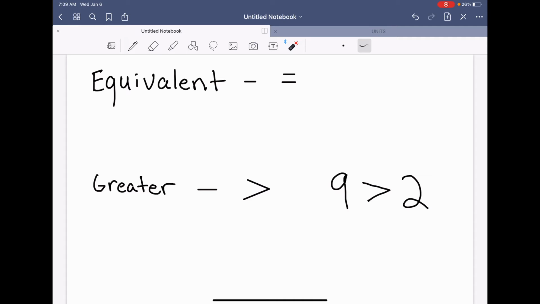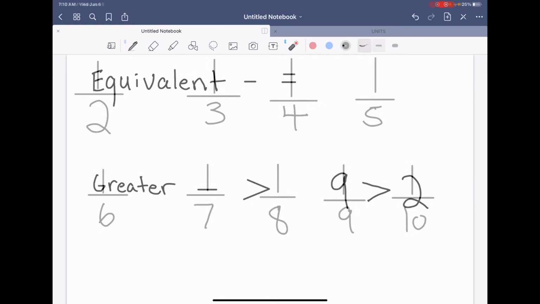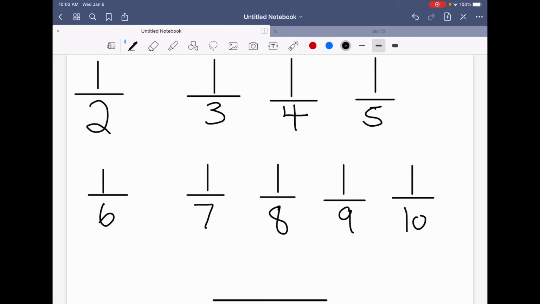So we will use both of these words in fractions to describe fractions. Equivalent, greater. So, how do we read fractions? That's what we're going to learn today.